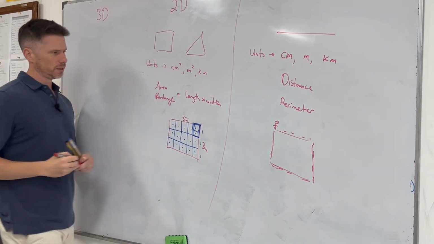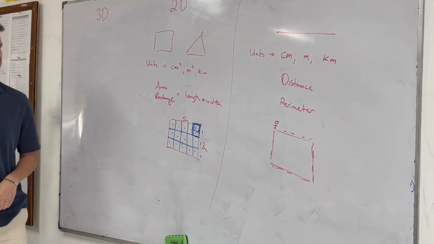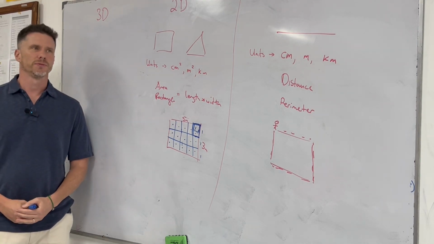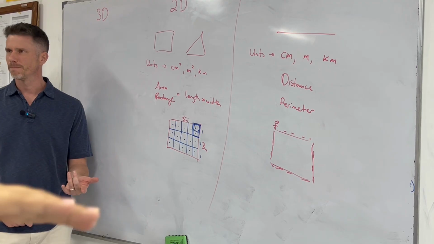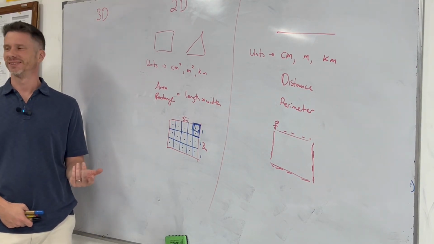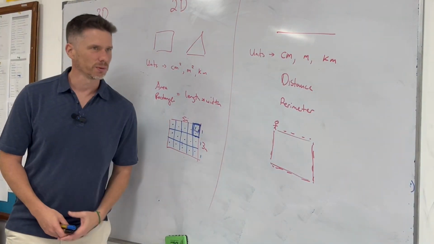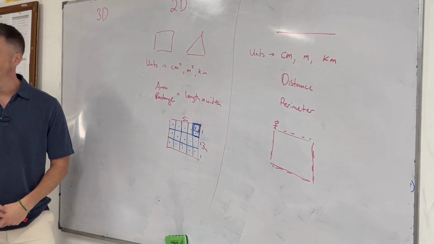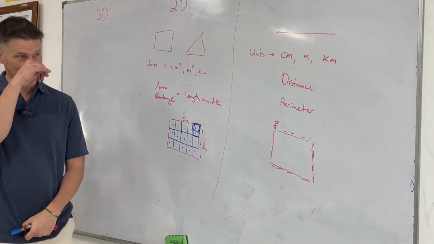Areas are not always as simple as the area of a rectangle. For instance, the area of a circle. Does anyone know the formula for the area of a circle? A equals pi r squared. Pi r squared. Very good. So pi times radius squared is the area of a circle.